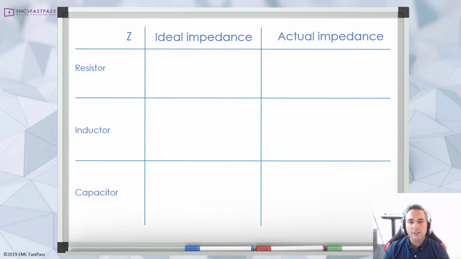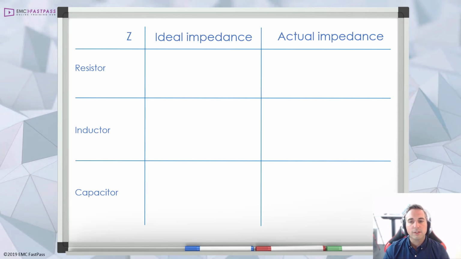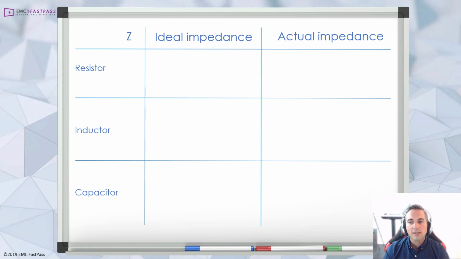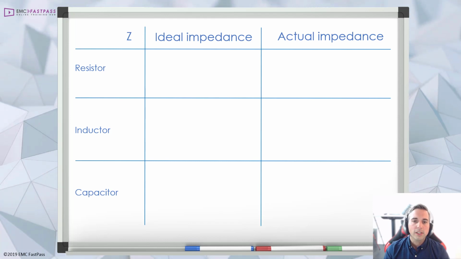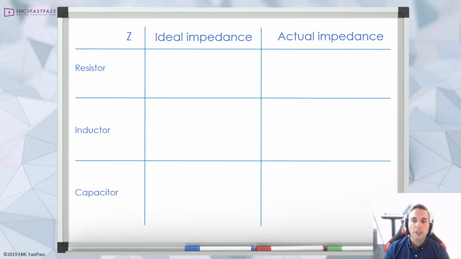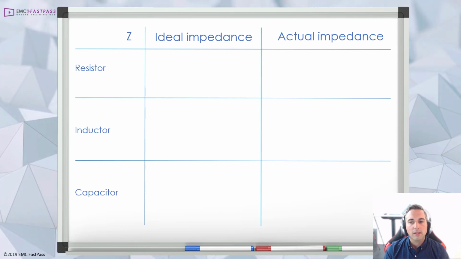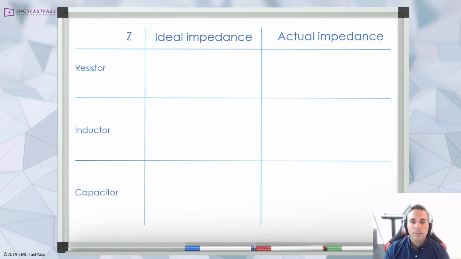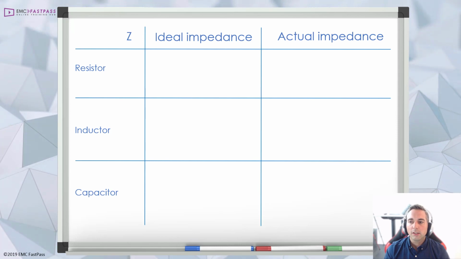And as a result of that, at DC and low frequency, say for example under 100 kilohertz or thereabouts, currents take the path of least resistance, and at high frequency, say above approximately 100 kilohertz, current prefers to take the path of least inductance.